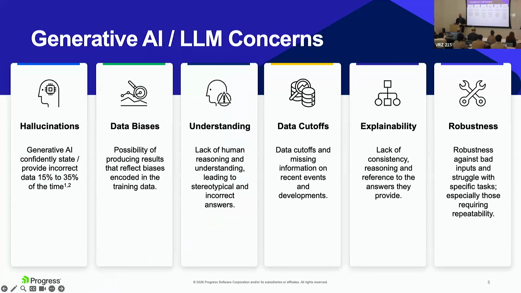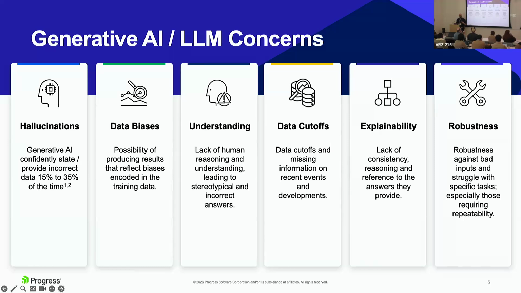So as you'll probably know already, there's a lot of concerns with using large language models off the shelf, right? Things like hallucinations, data biases, lack of understanding, data cutoffs, explainability, robustness. And when you're operating in regulated industries or industries where people's lives are on the line, you don't want to make a rash decision just because an AI told you so, right?